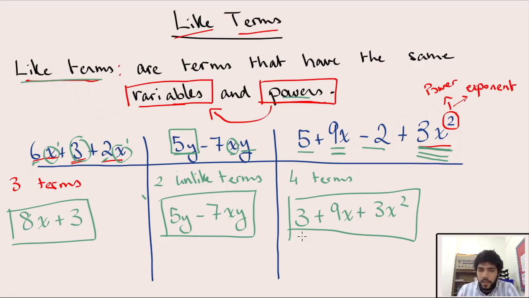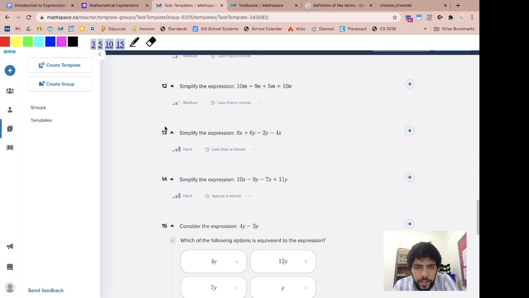Okay? Now, let's look at some examples from our last assignment. So let's look at number 13 and number 14. Number 13 says, simplify the expression 8x plus 6y plus 6y minus 2y minus 4x. Okay? So we have 4 terms here, as you can see.